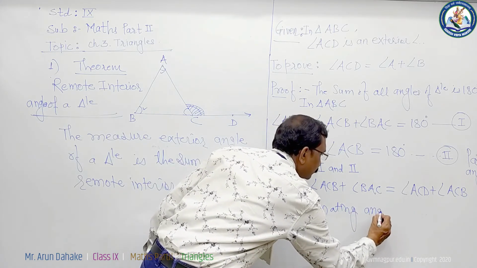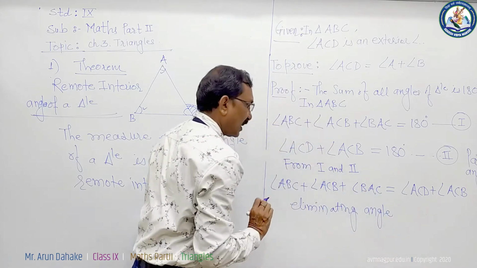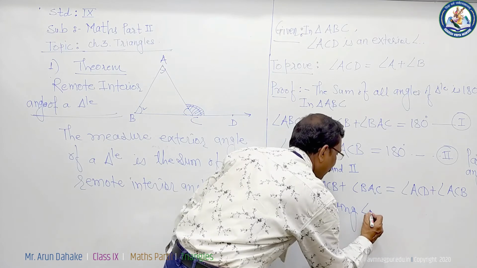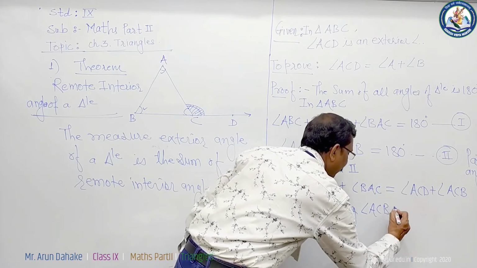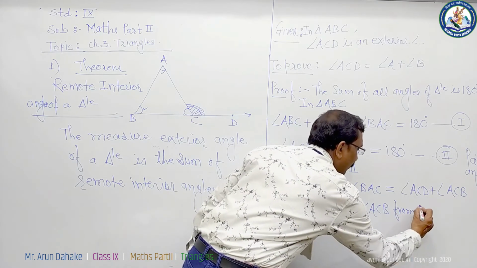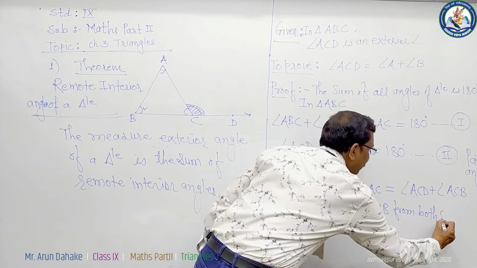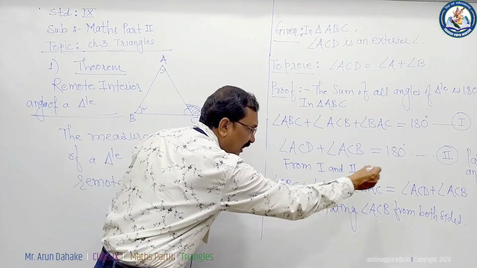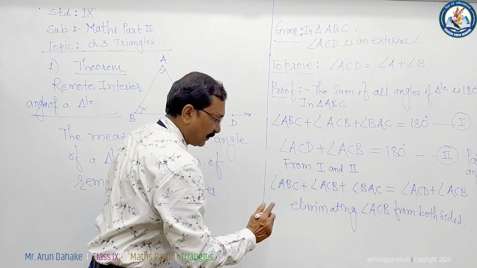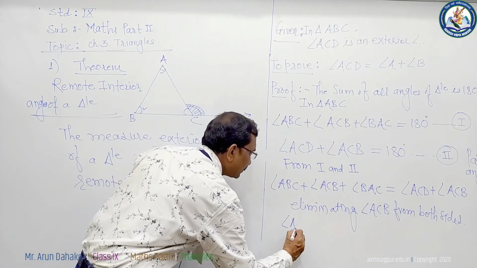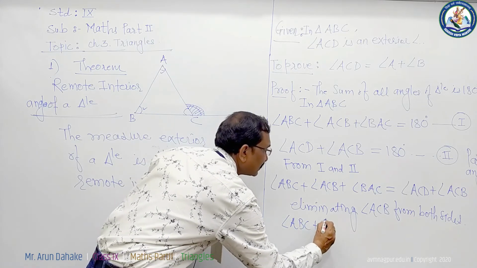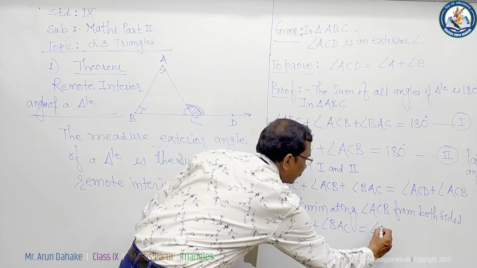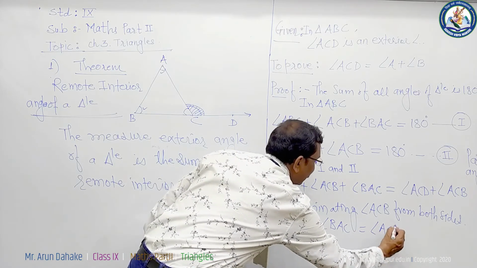Don't cancel it out, but eliminate it in the next step. So angle ABC plus angle BAC is equal to angle ACD.